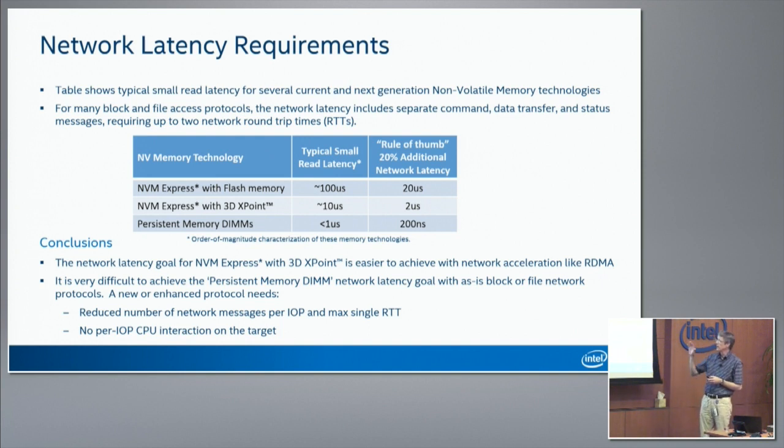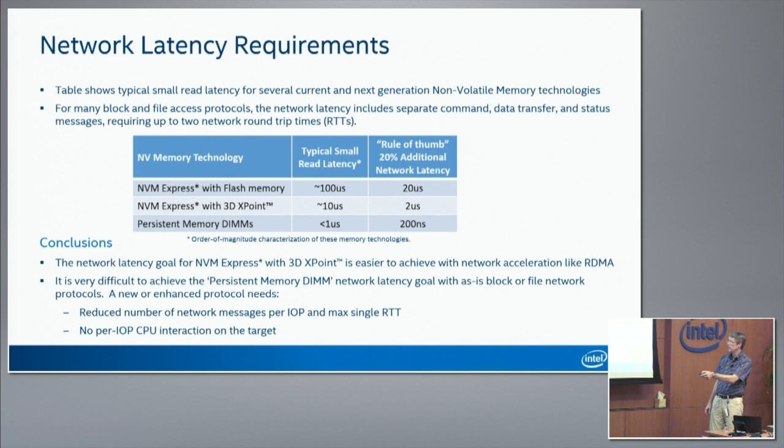Again, what we're trying to show here is what would be the read latency for several of the current and next generation non-volatile memory technologies. And specifically we have a rule of thumb here that for whatever the media latency is, and you can see here we have 3 rows.